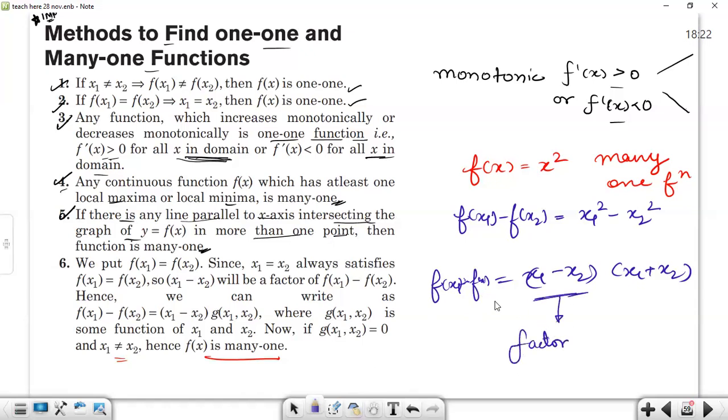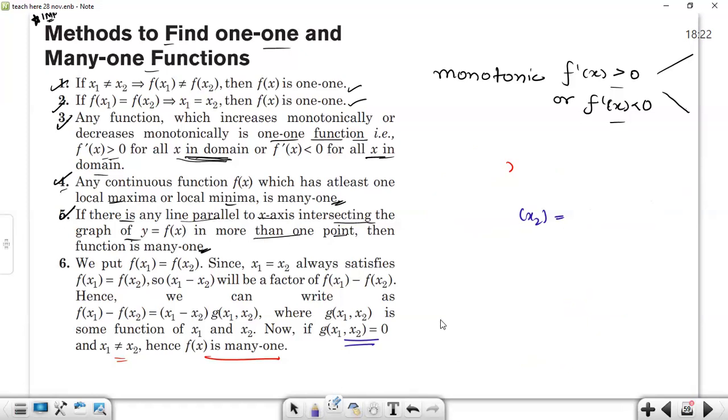Now let's reread the definition. Hence we can write this as g of x1, x2 times x1 minus x2, where g of x1, x2 is some function. Now if g of x1, x2 becomes 0 and x1 is not equal to x2, hence f of x is many-one. I'm still not able to remember this. Let's leave this property, okay?